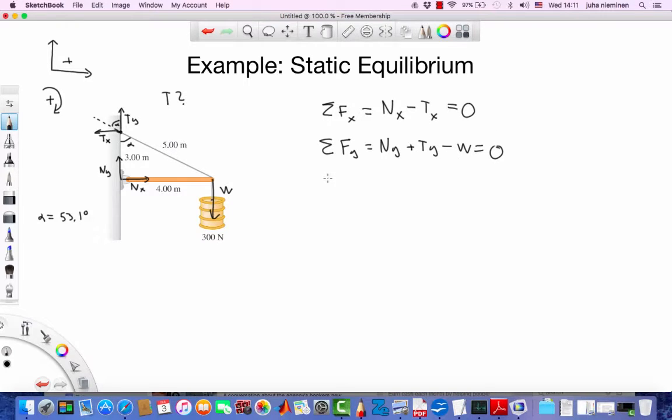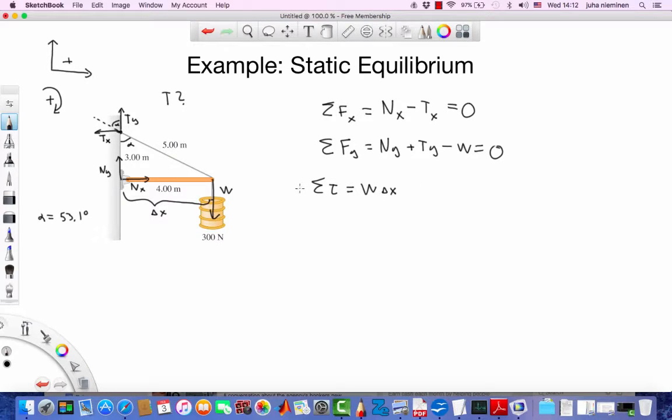Then the sum of torques about some point. We'll choose this pivot point to get rid of the contributions of ny and nx to torque. In that case, in the positive direction we have the weight multiplied by, let's call this delta x, that's the lever arm for the weight.